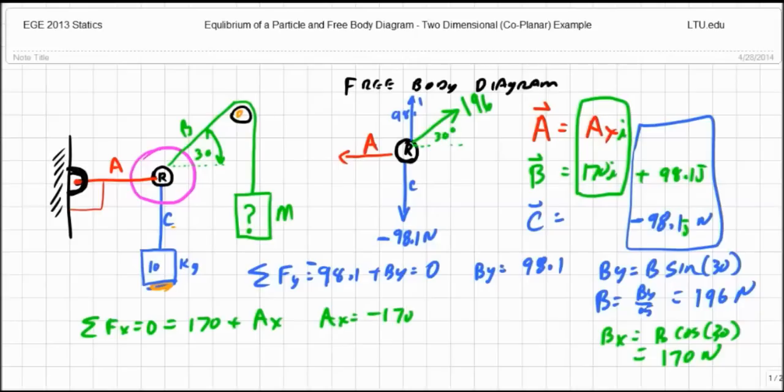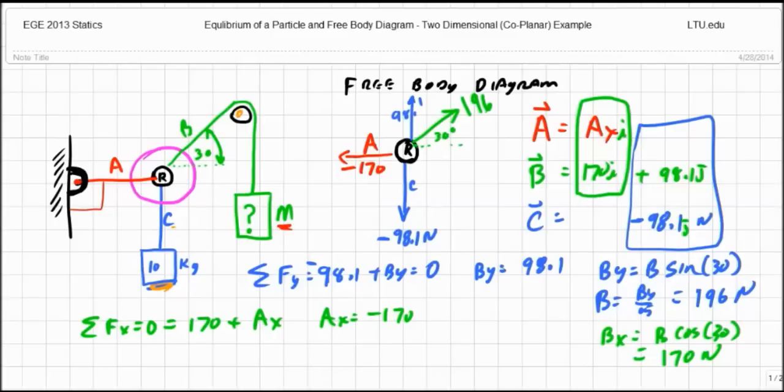So that's 170 newtons pointing to the left. So there we go. I've got all the forces acting on this connection, this ring. I have x components, y components, everything I need. So now I've solved 2 out of my 3 unknowns.